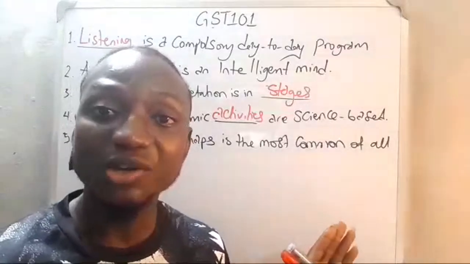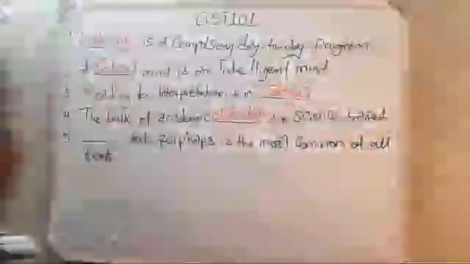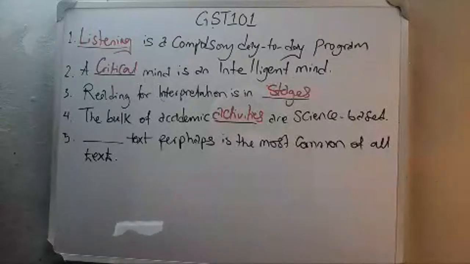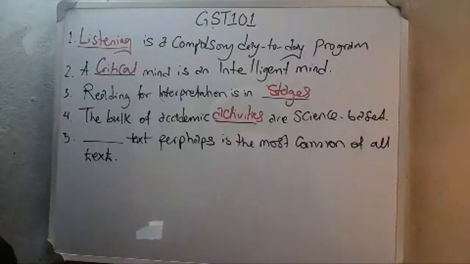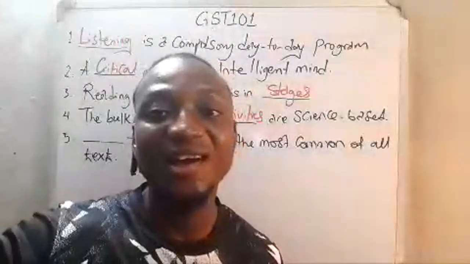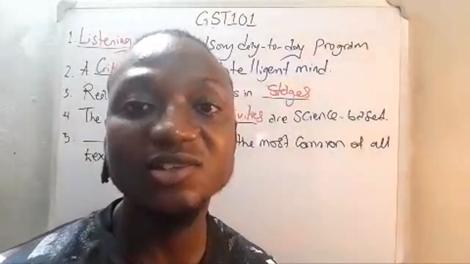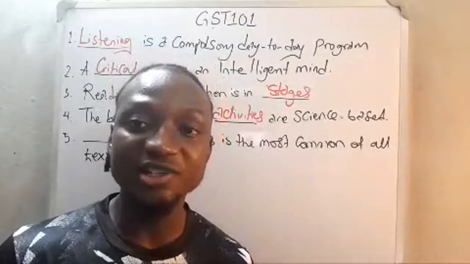Please let me know so I can make it legible. Okay, somebody said narrative text, somebody said expository. Please, more answers. Okay, it's not clear. Thank you for that. I will make it legible.